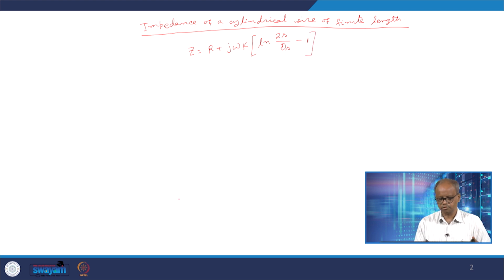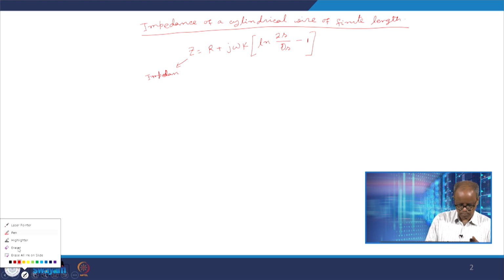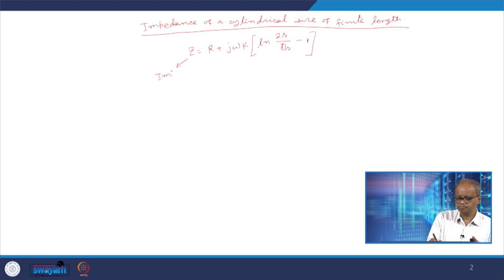So, z is the impedance, r is the resistance, and omega is the frequency in radians, 2 pi f.